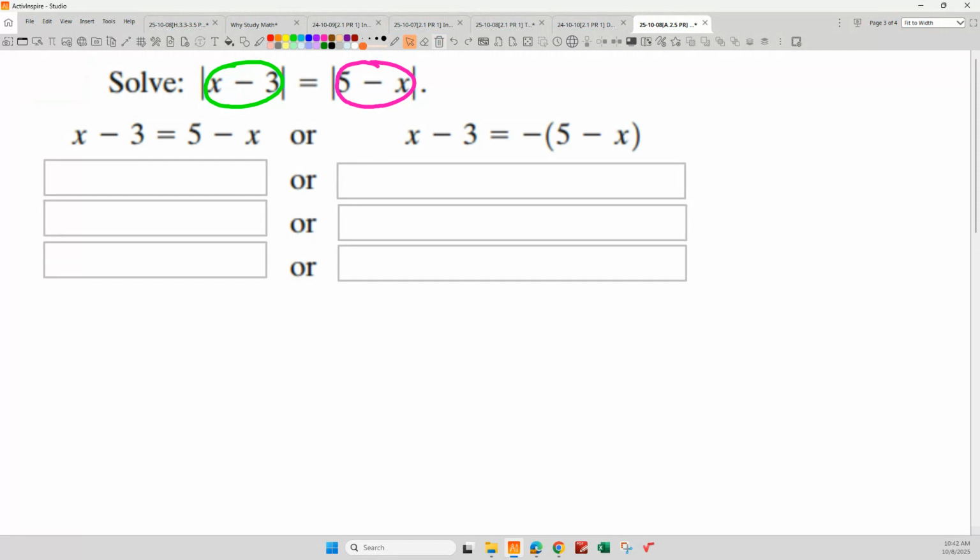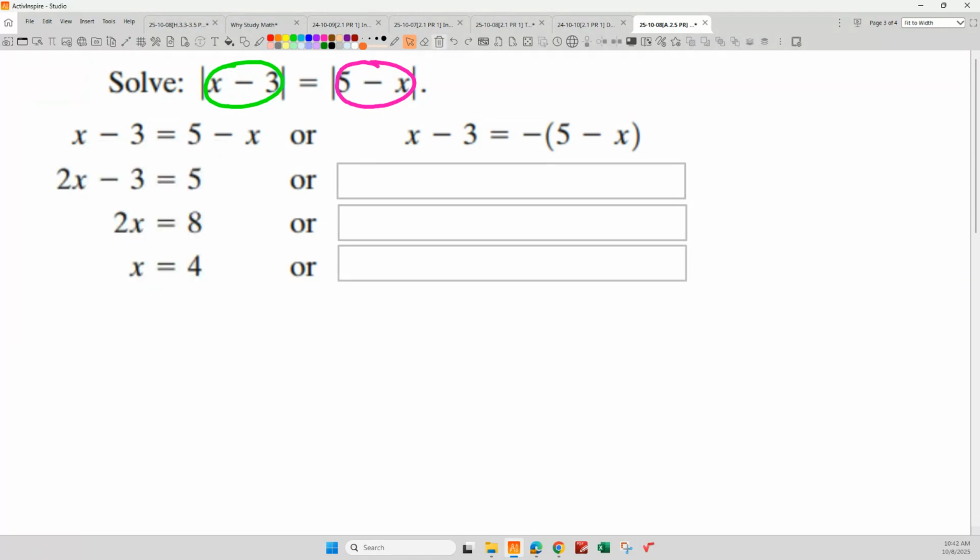X minus 3 either equals that or negative that whole thing. And then I would just solve those. So what do I get over here? Well, I'm just going to add x to both sides to cancel that x. So I get 2x on the left. I add 3 to both sides. I get 2x equals 8. So I get one solution is x equals 4.